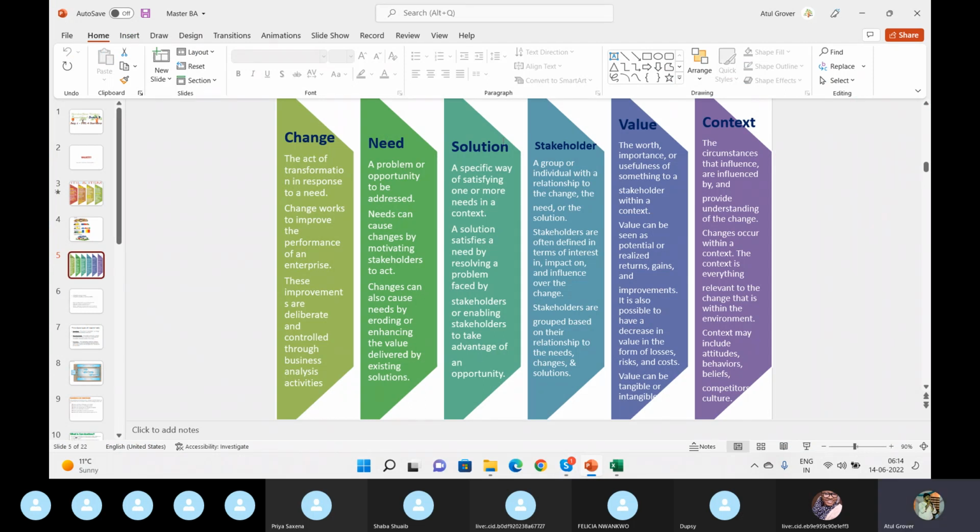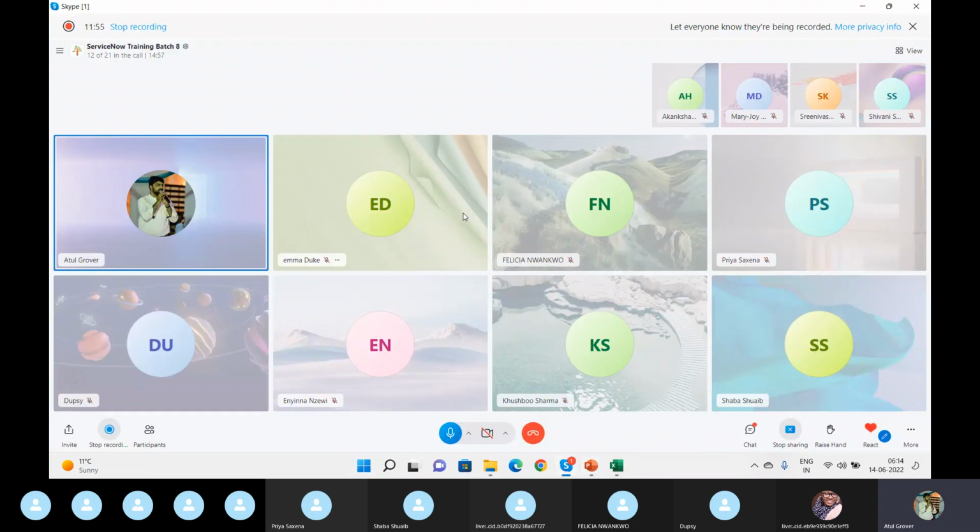Then the solution: a specific way of satisfying one or more needs in a context. Important term again, the context. The solution says that I want to be trained in ServiceNow.